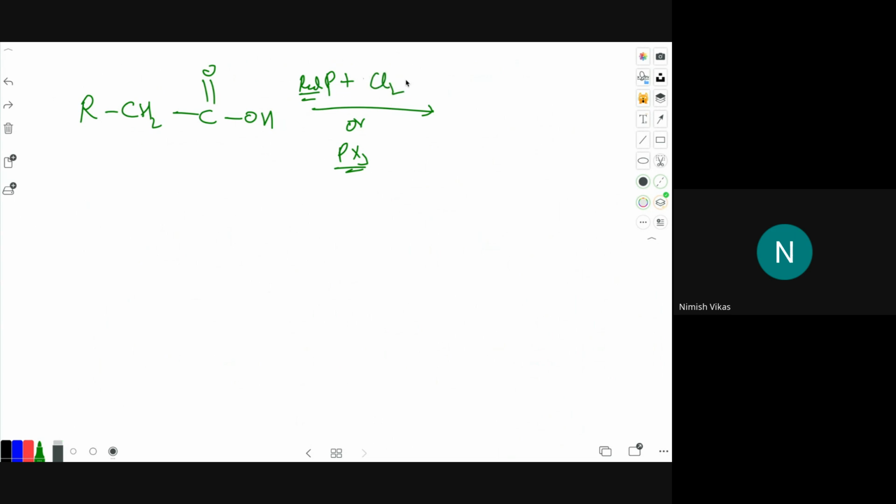So P plus Cl2 will give us PCl3. And you know PCl3 reacts with COOH like this, giving RCH2COCl. This is what you will get, right? Yes, sir. Now what happens?